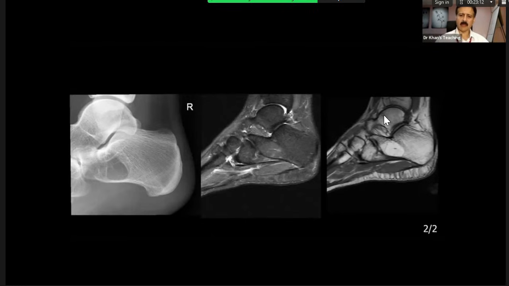When you are in a black and white world, in a plain film, for example, there is a fibrous dysplasia, just call it a fibrous dysplasia, and there will be no role of further imaging. A non-ossifying fibroma, call it a non-ossifying fibroma, or a fibrous cortical defect, or a simple bone cyst. But here you are not very sure, so ask for an MR.